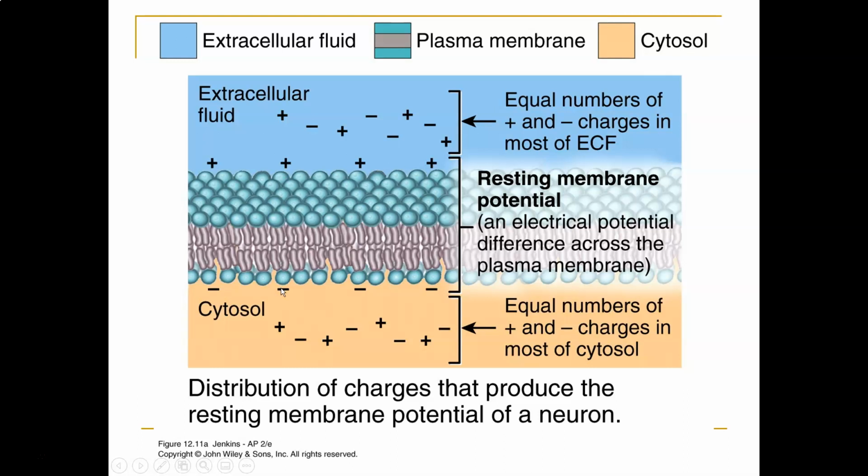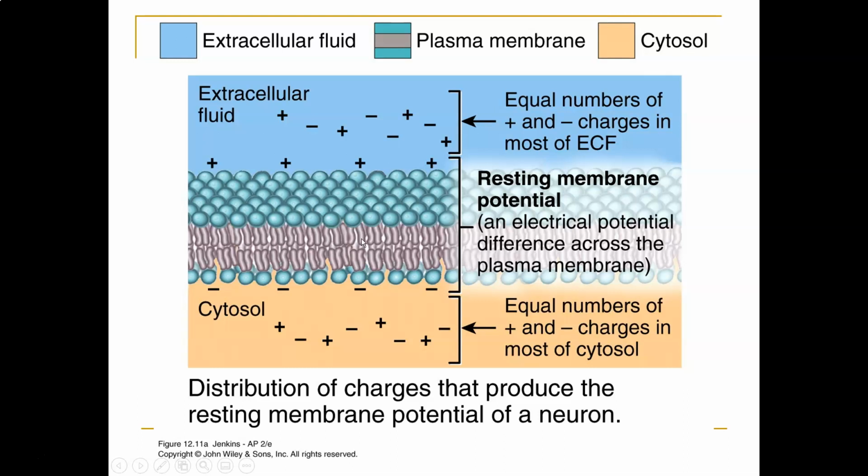So there is a charge difference. It's very local. It's a membrane phenomenon. You don't see it, like I said, if you look way outside and way inside the cell, but just right across the membrane, there is this charge difference.